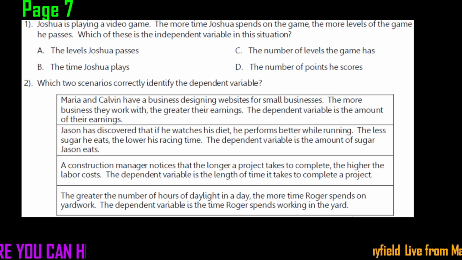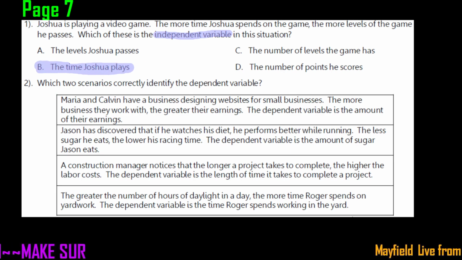I'm going to highlight my independent variable for this one in blue. So the independent variable is the time that Joshua plays. Again, you always want to make sure that the independent variable is the one that is measured, where the dependent variable is the result, meaning the more levels passed.